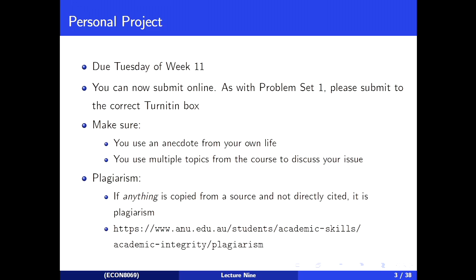If your argument is some type of worker gets paid more in Sydney than in Canberra, and I work in Canberra, and I know people who work in Sydney in a similar job but get paid differently, then that would be an anecdote that you can use. I don't want to call it data because data suggests it's systematic, whereas what you're doing isn't. But it's an observation that is useful to include, yes. And you don't have to quote a source, you just say, speaking to people, we found such and such. Does that answer your question?